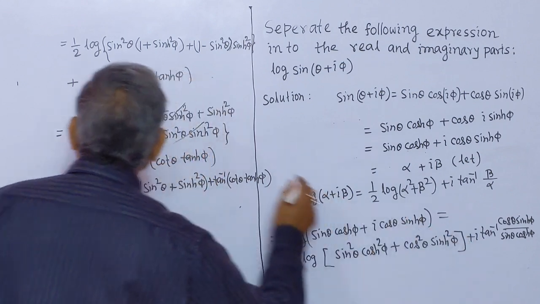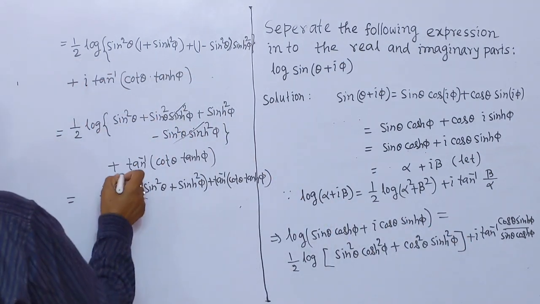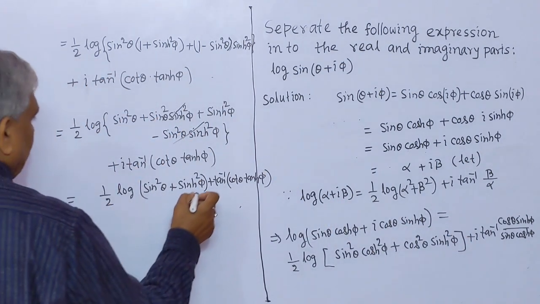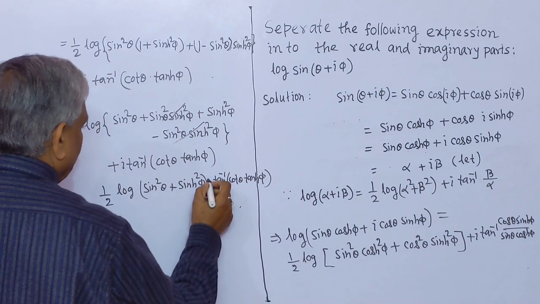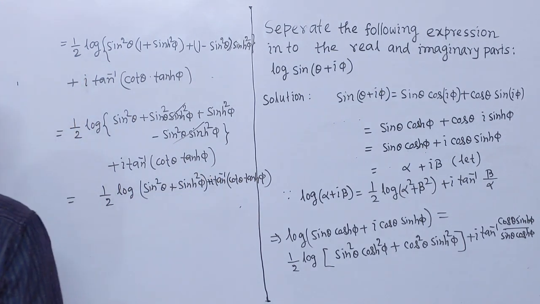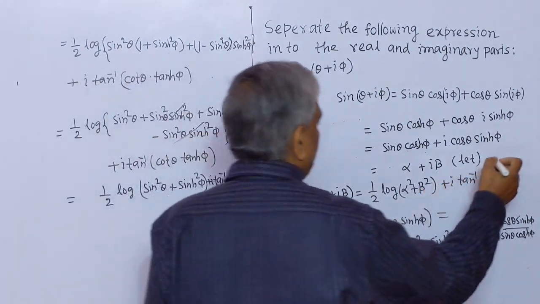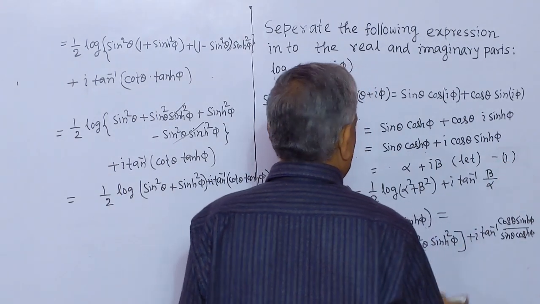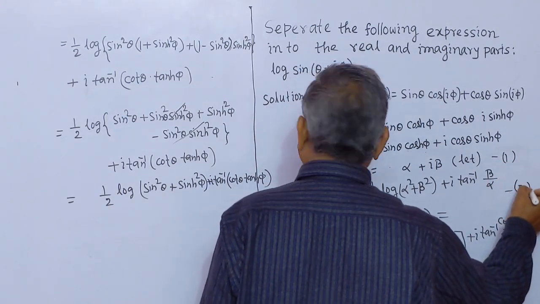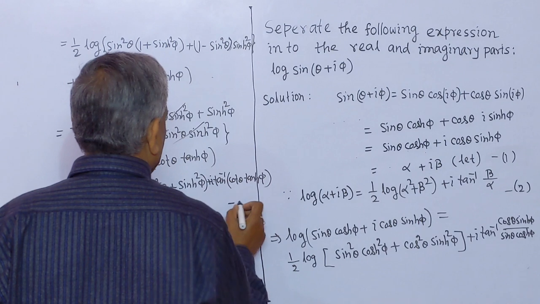Here we have i, so here will be i, here will be i, and here also will be i. Let this be number 1, this is number 2, this is number 3.